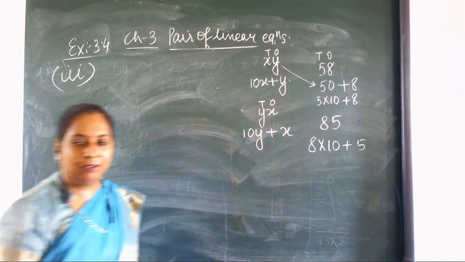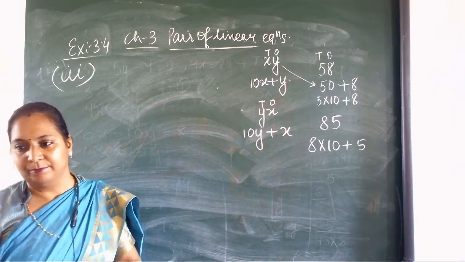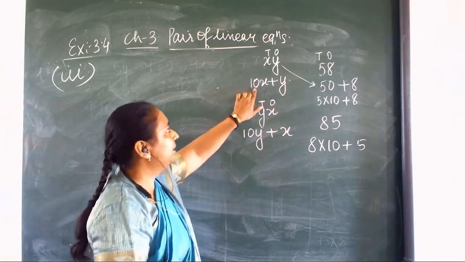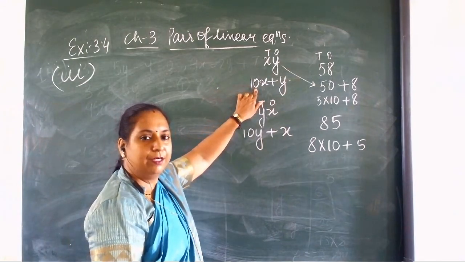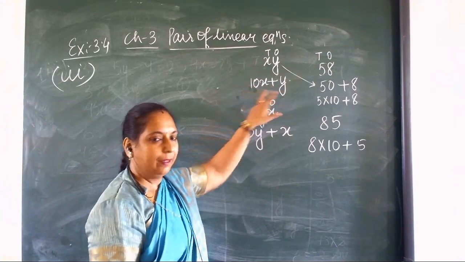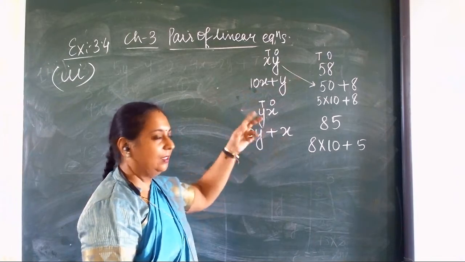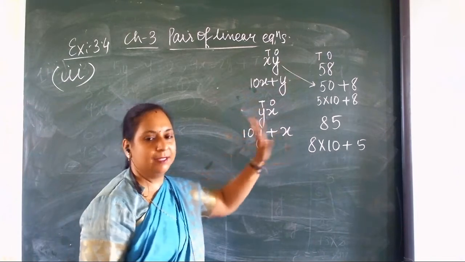This is clear, the concept of a two-digit number. The original number is xy. So in expanded form, how to write it? 10x plus y. And if we reverse the order of the digits, it becomes 10y plus x.